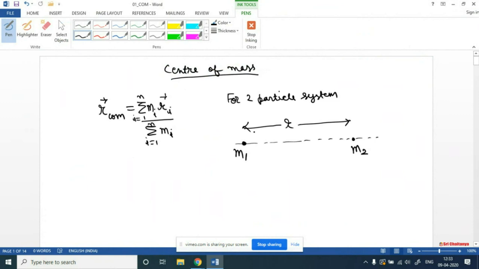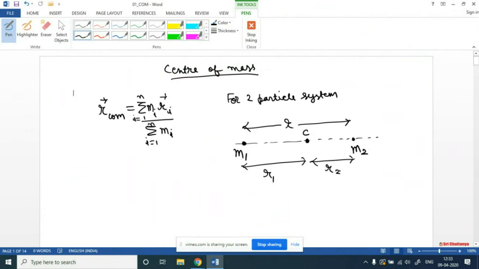The center of mass would be lying somewhere on the line joining them, say here. This is the center of mass of the two particle system. According to the formula we have written, we can find the value of this R1 and this R2.